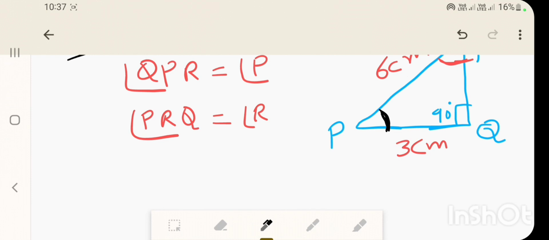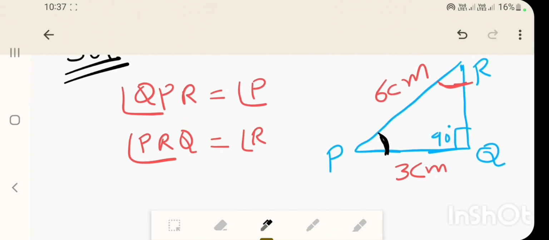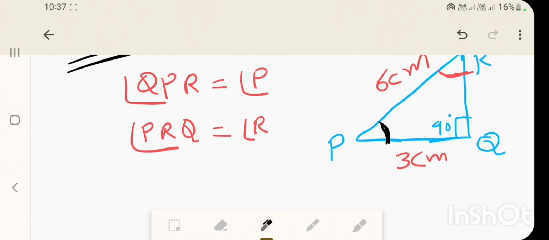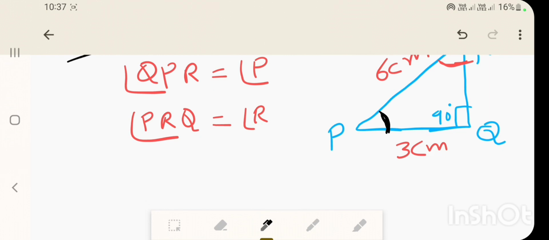So PQ is given, PR is given, and they are asking angle P. Taking the side adjacent to angle P, it is 3 centimeters, and the hypotenuse is 6 centimeters.